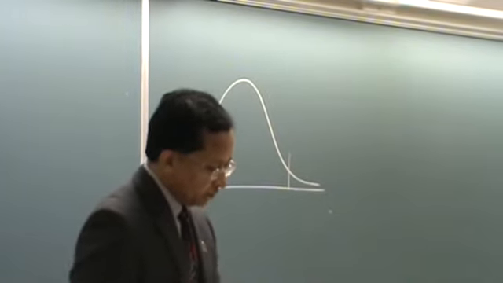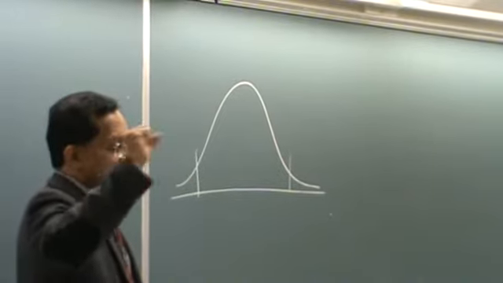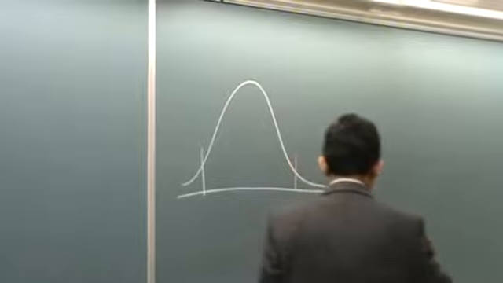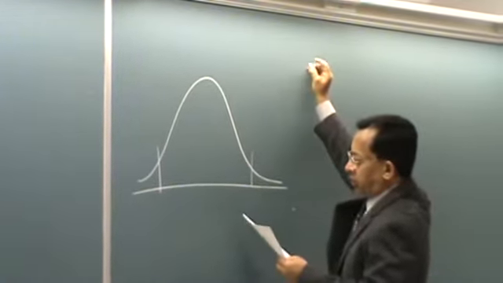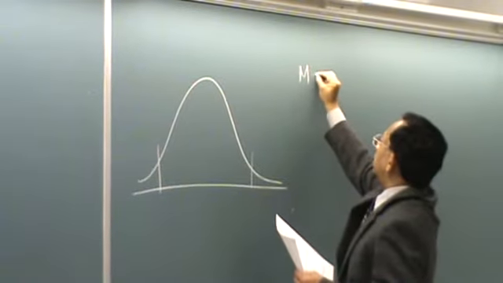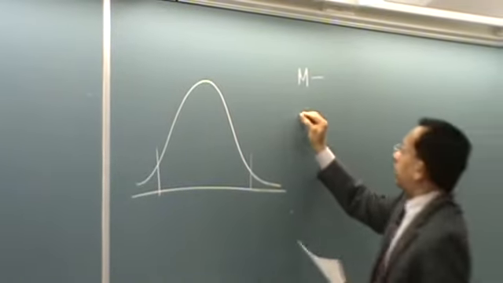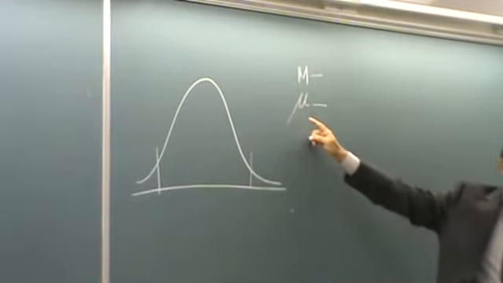Second thing, once you read the question, then you see what information you are given. You will always be given this information in your question. Remember this M, what is it? It's a sample mean. You will always be given mu, that is the population mean.